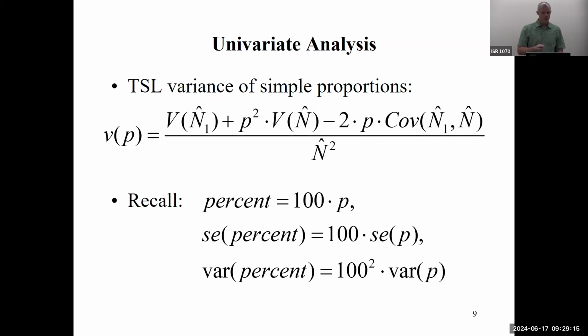Now, what is tricky when you're dealing with proportions and writing papers and reports that use proportions, you don't want to flip back and forth interchangeably between percentages and proportions in the way you're talking about this. So remember, a percent is 100 times the estimated proportion. And you can see the formulas here for converting the standard errors back and forth between one another. I'm not going to care, Young Child's not going to care if you report your results in terms of proportions or percentages.